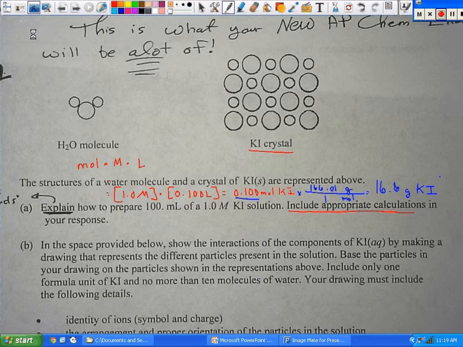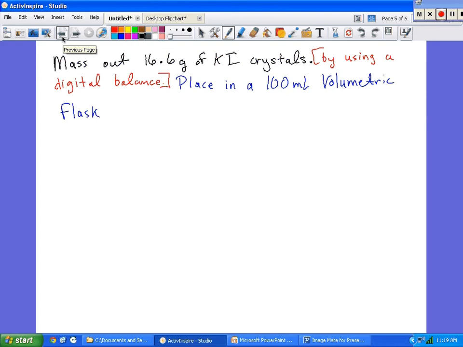That's not what I want. Okay, next. Place in a 100 milliliter volumetric flask and do what? Very good. And add 50 milliliters of hot distilled H2O.